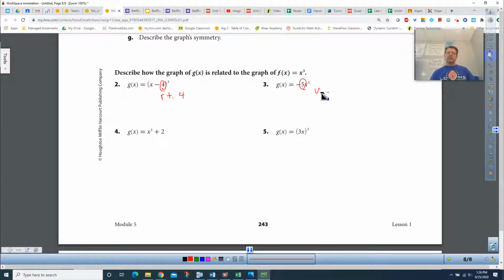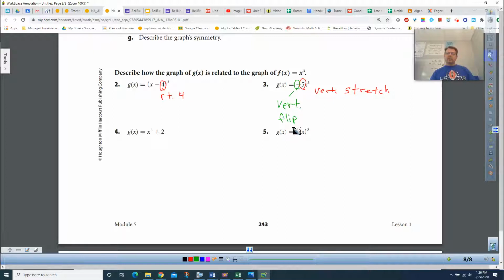So it'll be a vertical, because it's taller, vertical stretch. Okay, and then that part would be a vertical flip.